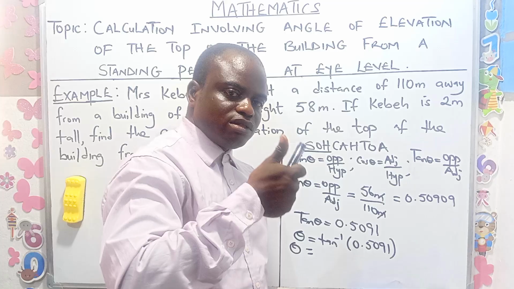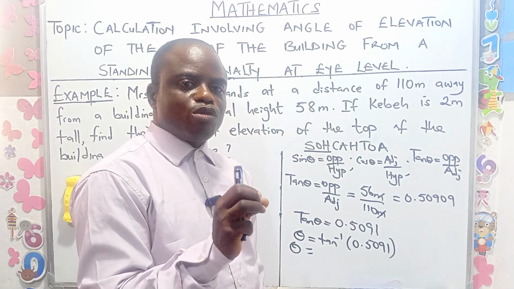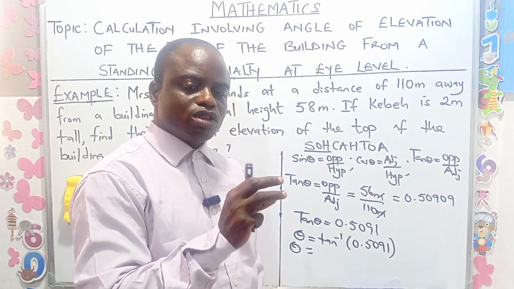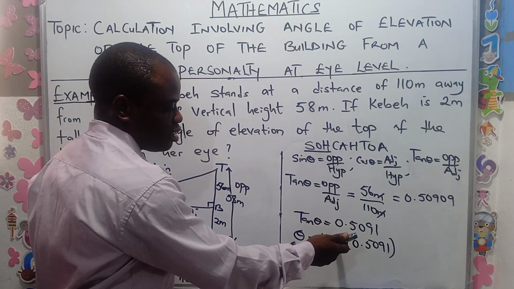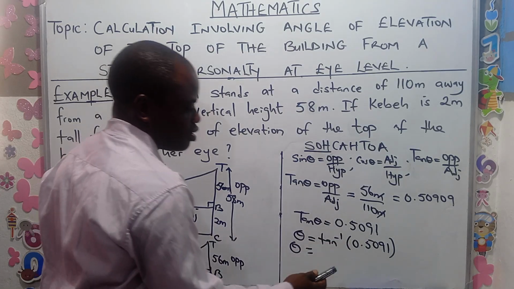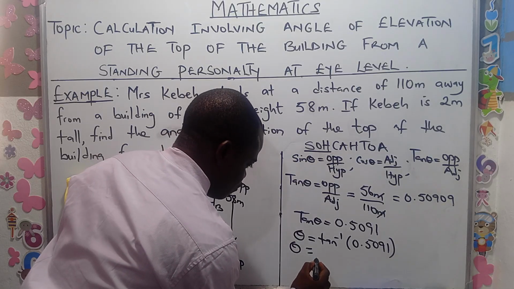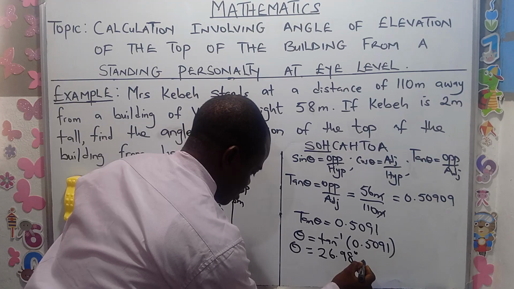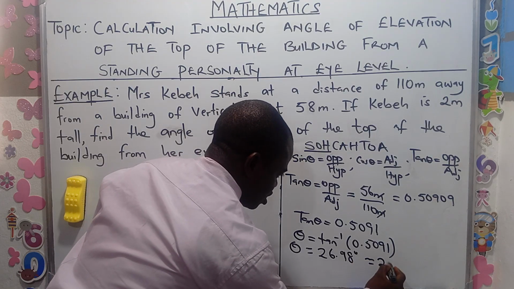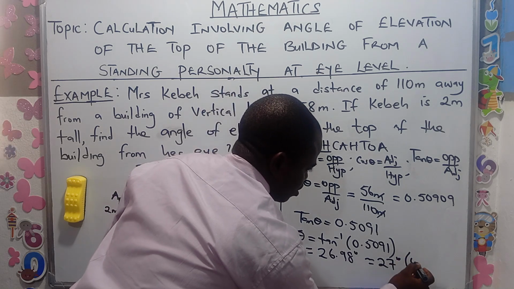The short form of tangent is tan, and that's what is written on the calculator. Press it. It will give you tan raised to power minus 1, which is tan inverse of 0.5091. You now get 26.98 degrees, which is approximately 27 degrees to the nearest whole number.